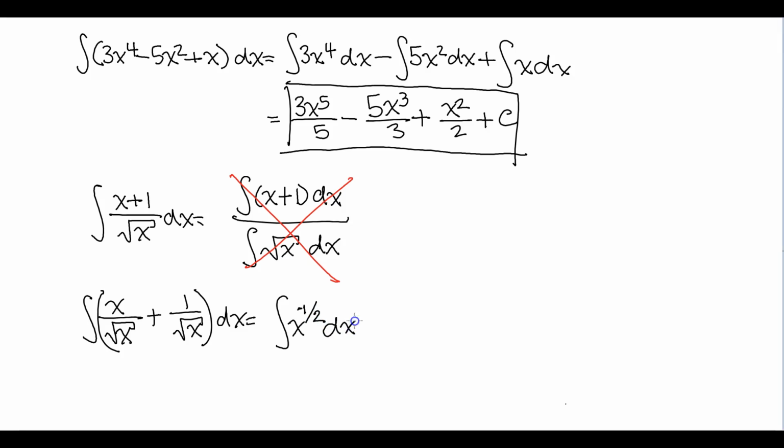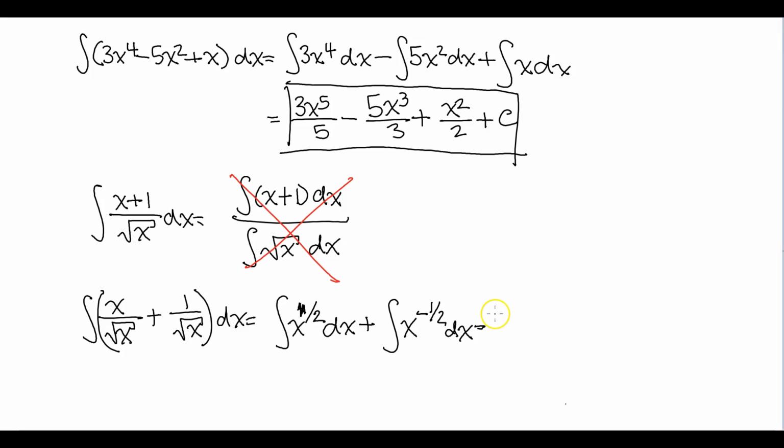And now you can see where you can start applying your power rule, or should I say the inverse power rule. 1 over square root of x equals x to the -1/2 dx. And this inverse power rule applies for all real numbers.